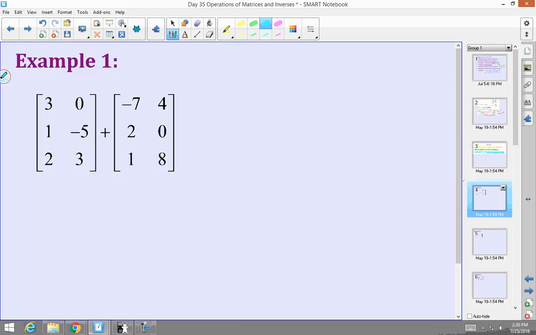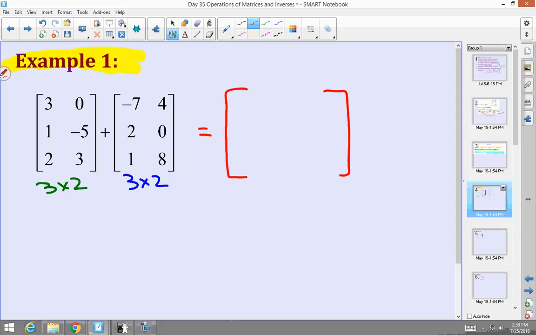So you'll see the video and you'll see these notes. Okay, so here, I want to add. This example is a yellow example. The whole key to adding is you have to match up to start. This is a 3 by 2 matrix, 3 rows, 2 columns. And this guy is also a 3 by 2 matrix, so your answer is also going to be a 3 by 2.